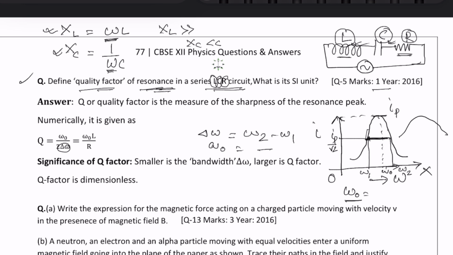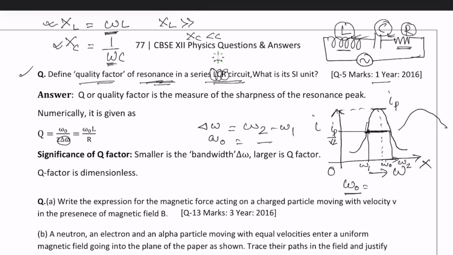So omega 0 by delta omega, this is called our quality factor, correct? So this is nothing but, at the time when resonance occurs, it is omega L by R. So this ratio is called the quality factor.